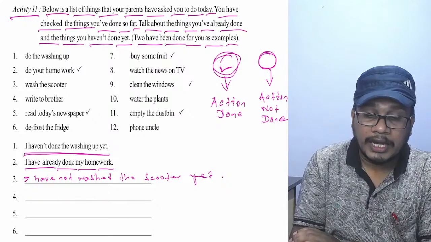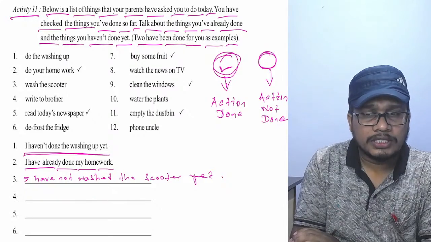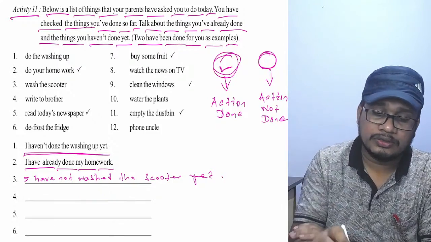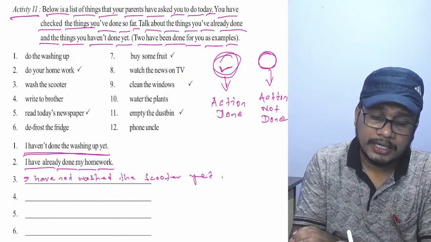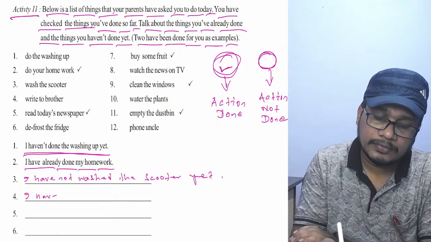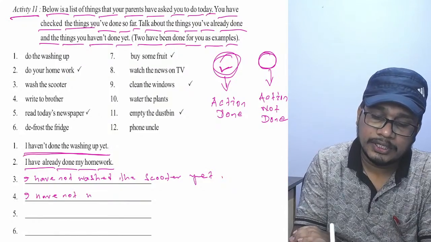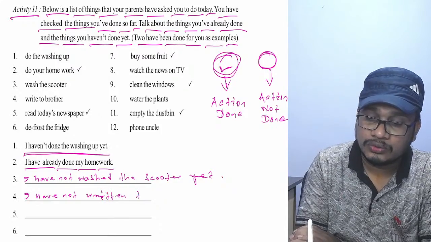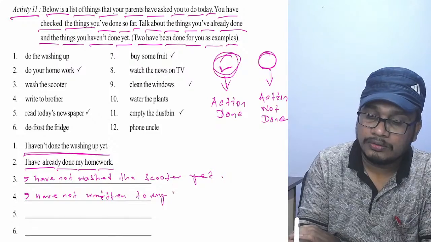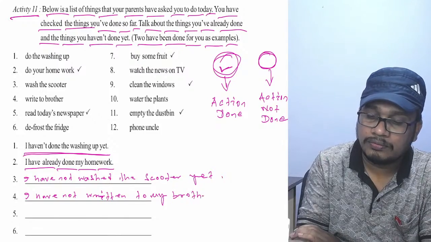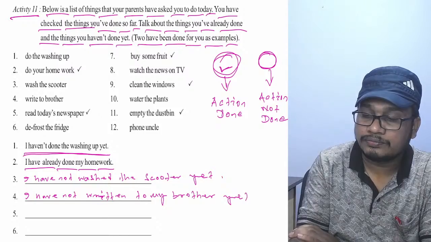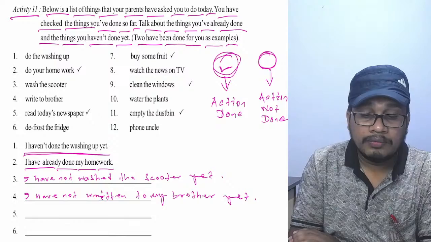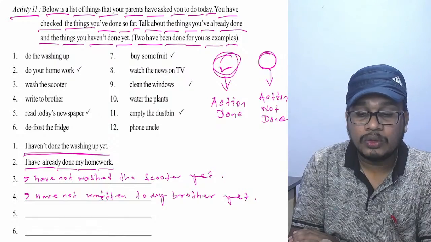Then write to your brother, no tick mark is given, which means that action has not been done yet. Write: I haven't written to my brother yet. Then the fourth one is read today's newspaper.